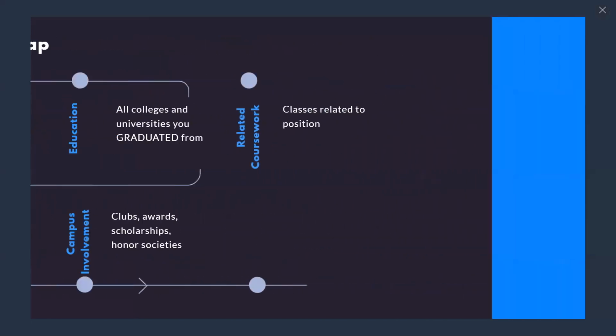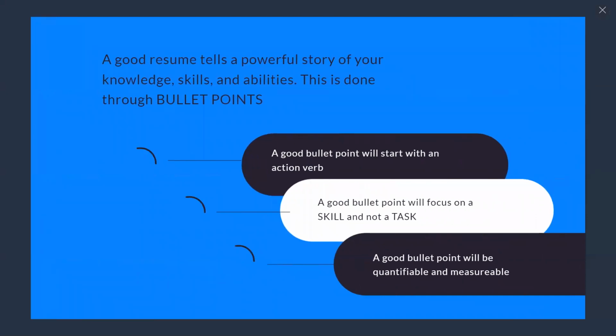Okay, now, I've said this a few different times, but a good resume is telling a story. It's telling the story of why you are qualified for that particular position. So here's some bullet point best practices. Number one, it will start with an action verb. Best practice usually dictates that everything starts with a past tense action verb.